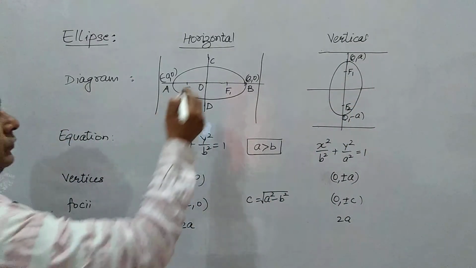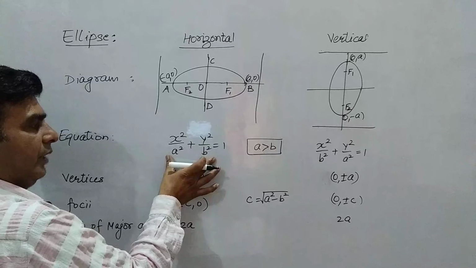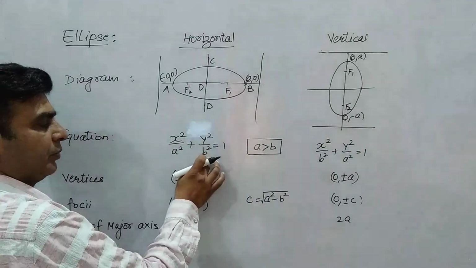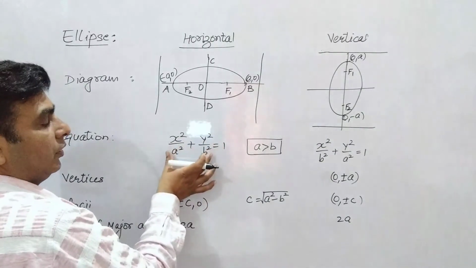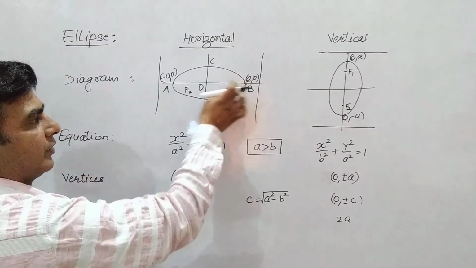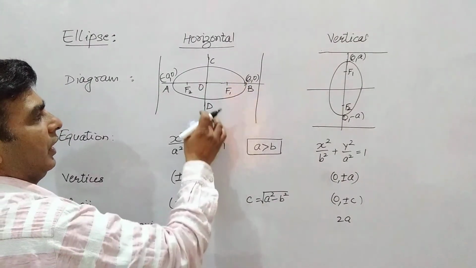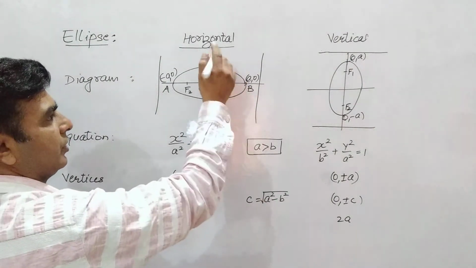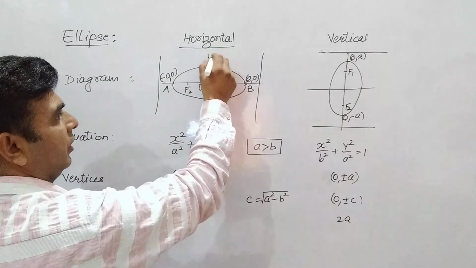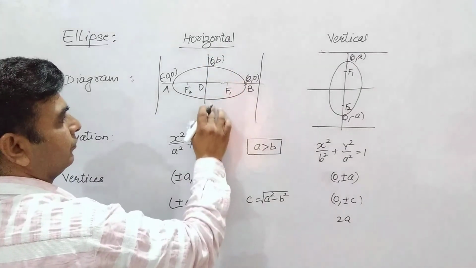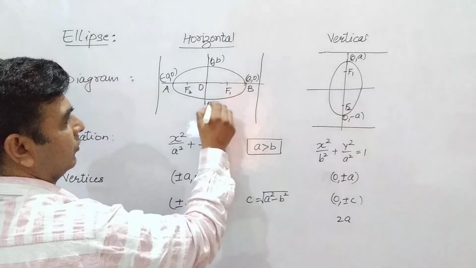One more thing: if the equation of the ellipse is x square by a square plus y square by b square, then dear students, the major axis has the vertices, and the minor axis has the vertices 0 comma b and 0 comma minus b.